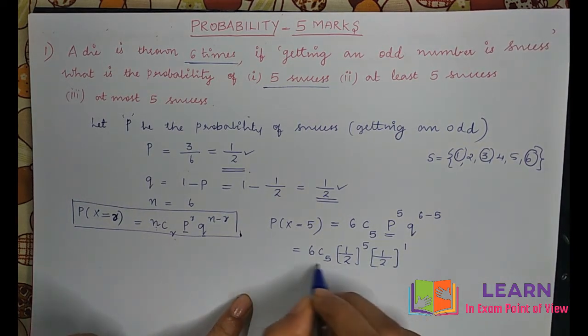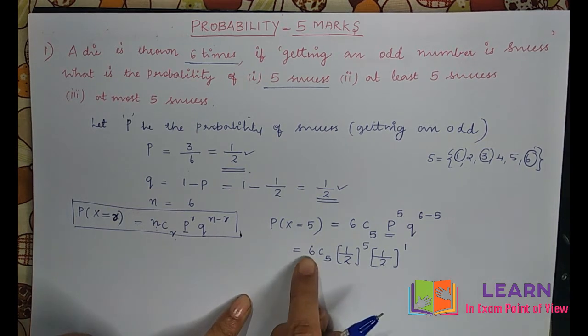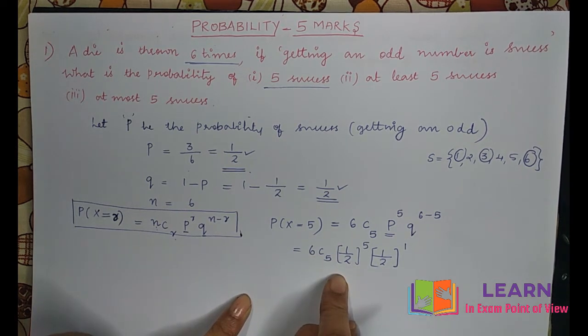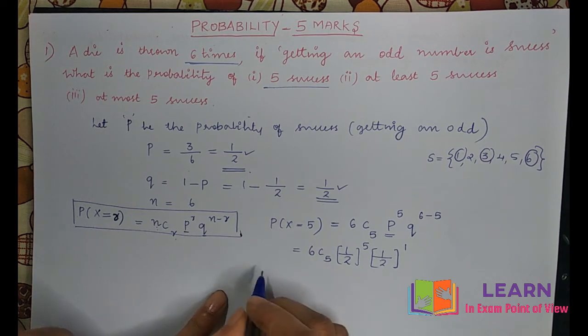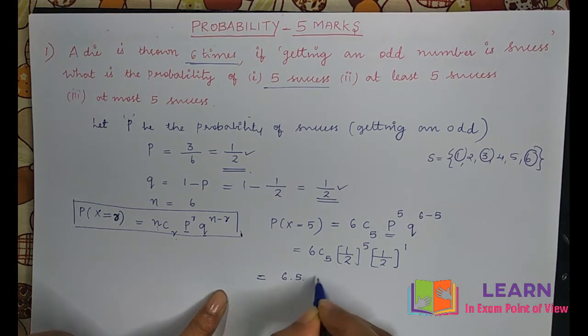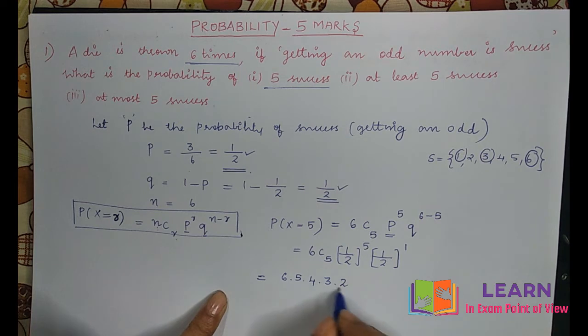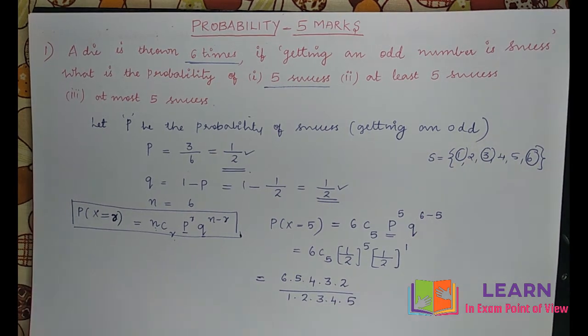Now we have to simplify this. Here 6C5 can be written as 6 into 5 into 4 into 3 into 2, 5 times, by 1 into 2 into 3 into 4 into 5.